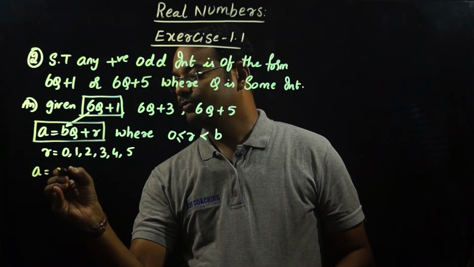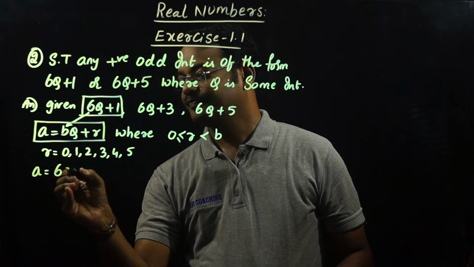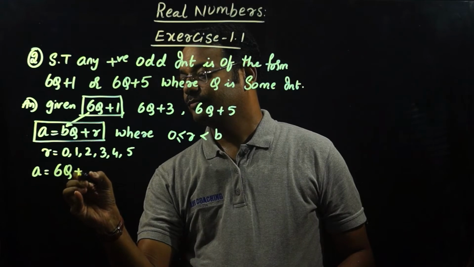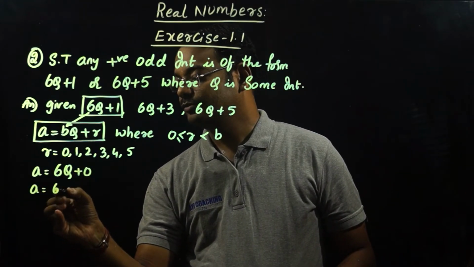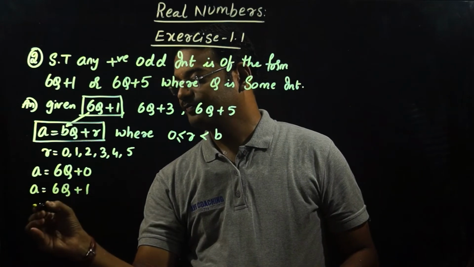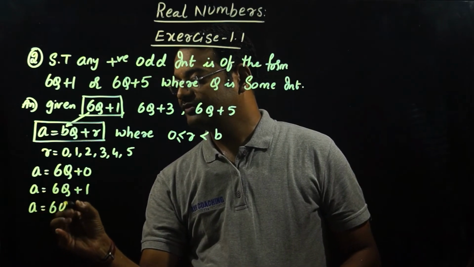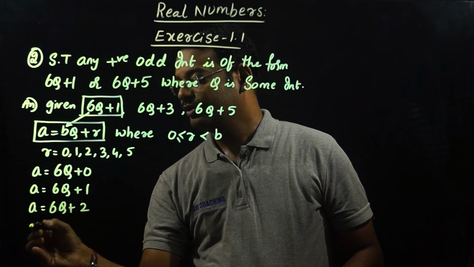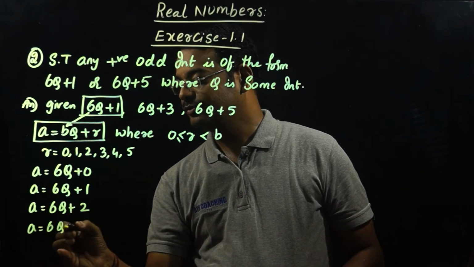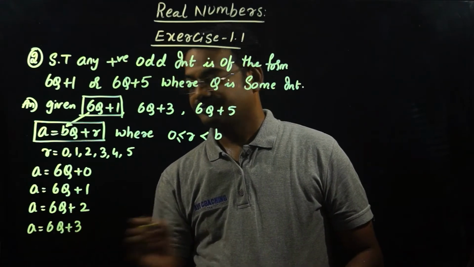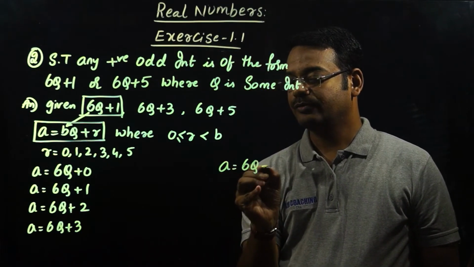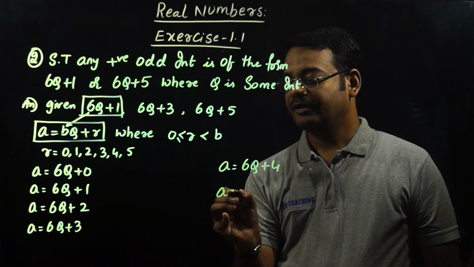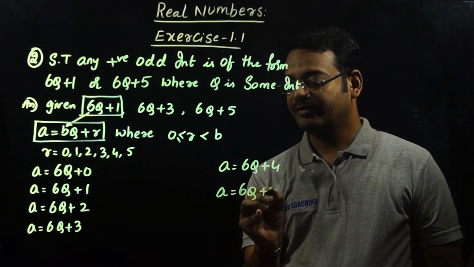A equal to 6q plus 0, A equal to 6q plus 1, A equal to 6q plus 2, A equal to 6q plus 3, A equal to 6q plus 4, A equal to 6q plus 5.